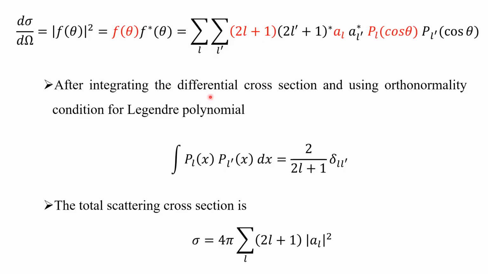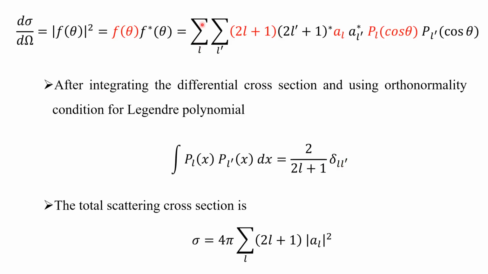After integrating the differential cross section and using the orthonormality condition for Legendre polynomials, that is integral P_L(x) P_L'(x) dx is equal to 2/(2L+1) δ_LL', here this is the Kronecker delta.